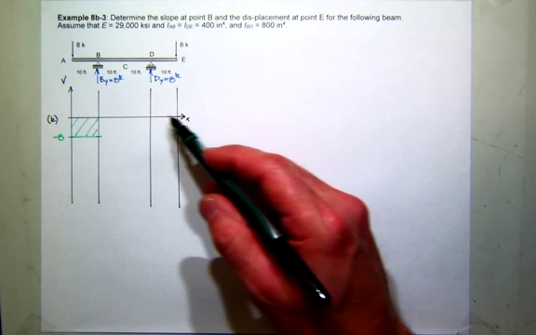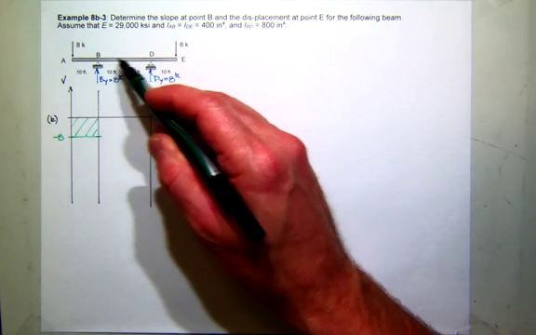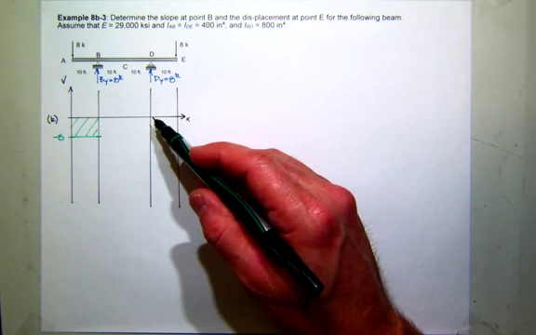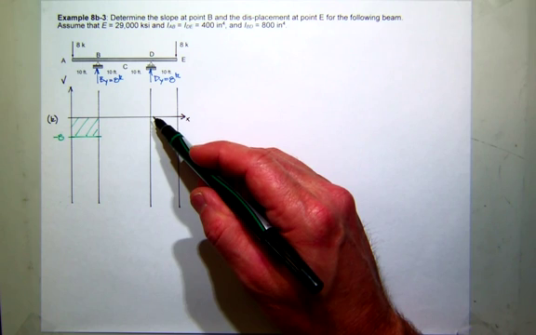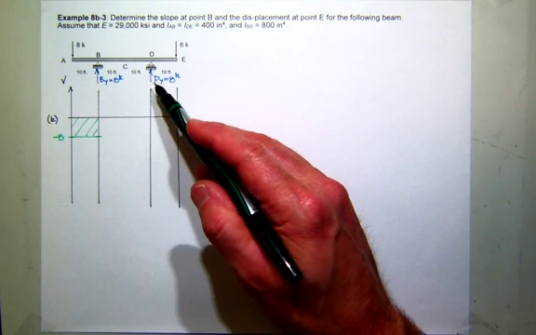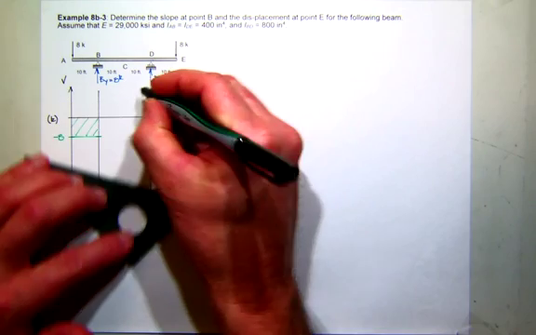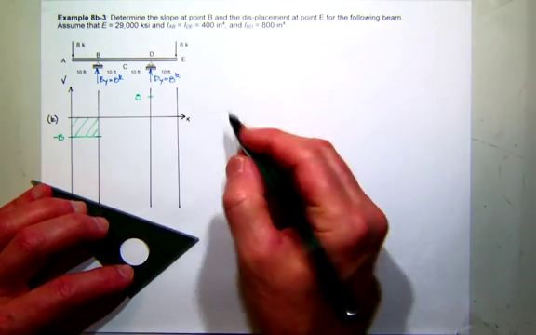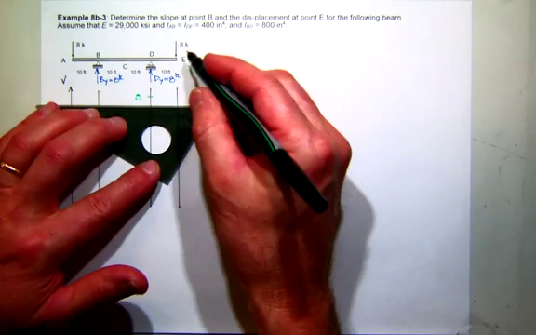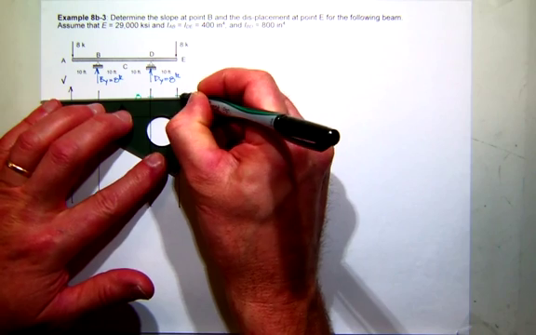Now from B to D, again there's no load, so there's no change in shear, so I'm over here at 0. And now I hit this reaction force up, so that will push me up to 8 kips.